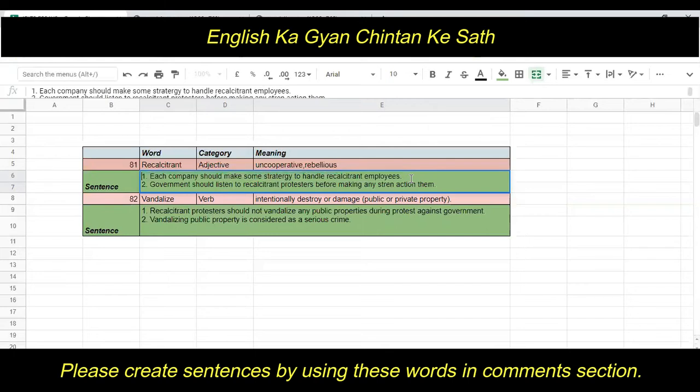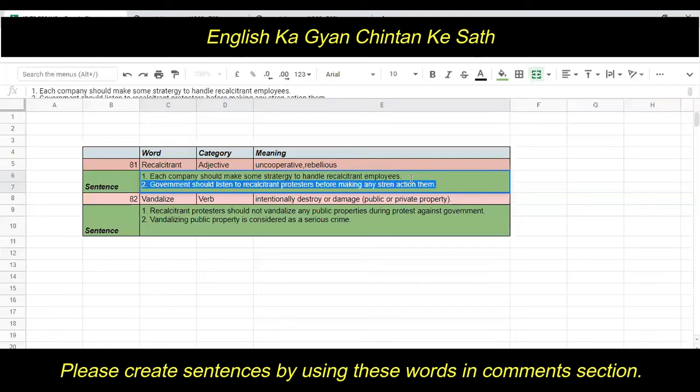Okay. Now let me go to the second sentence which I have created, and the second sentence is: government should listen to recalcitrant protester before making any stern action against them. Right? See, there are so many scenarios nowadays also and in the past also when so many protesters have protested against so many decisions of the government, and normally government take actions against them.